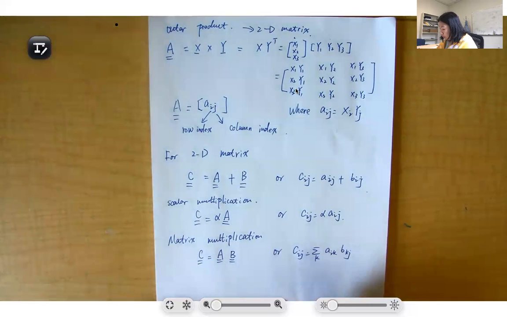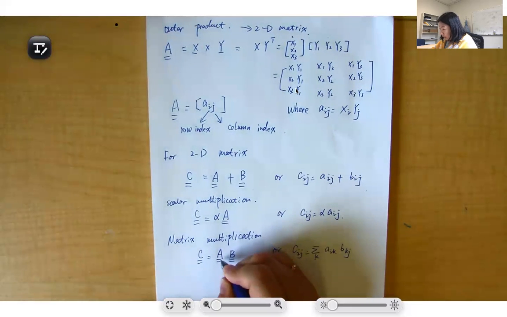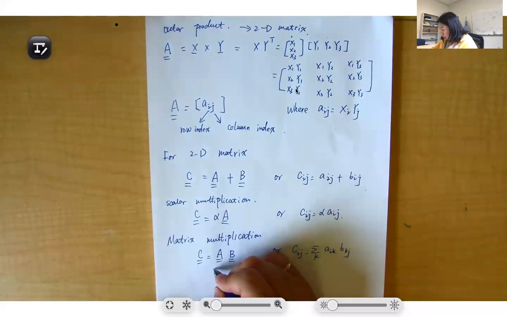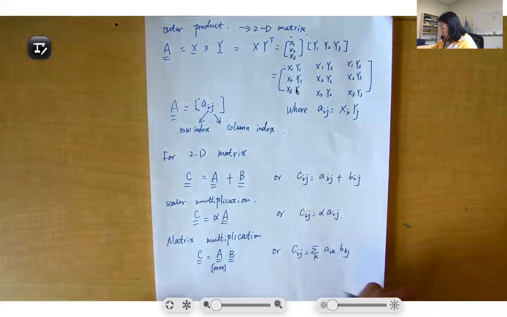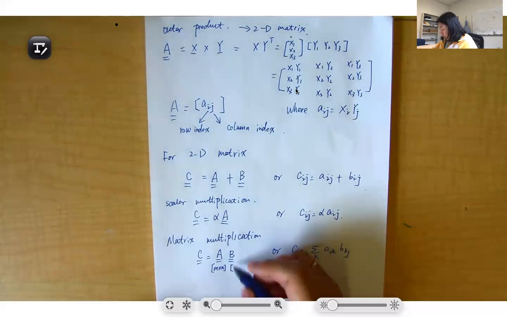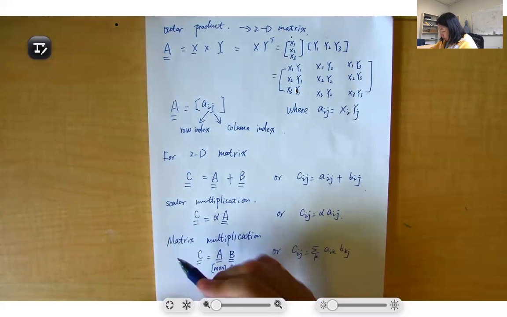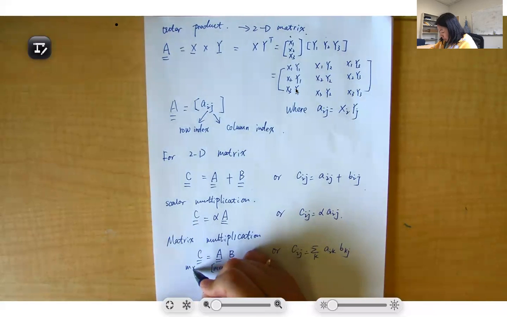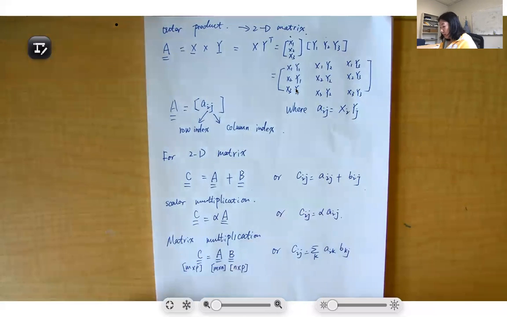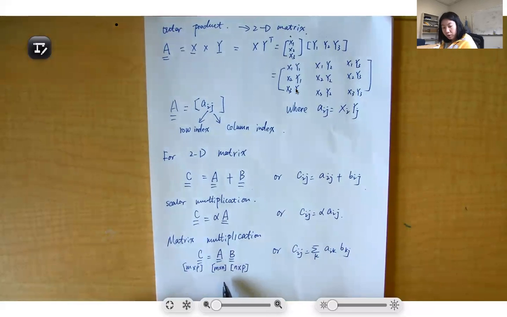So for example, if the dimension of the matrix A is M times N, okay? Then the row of B has to start with N, for example, N times P. Then the dimension of the C will be in the end M times P, okay? Just need to check before you do the multiplication.